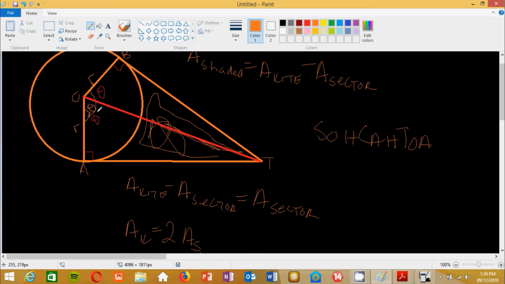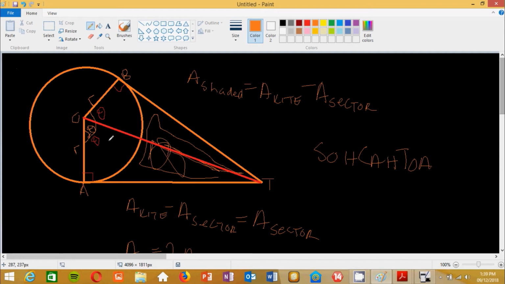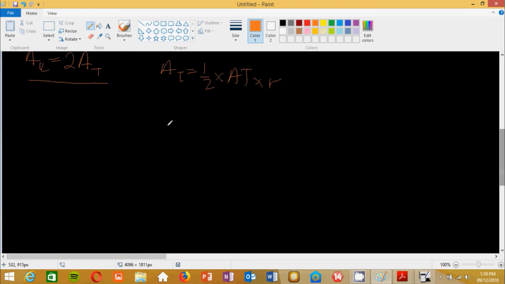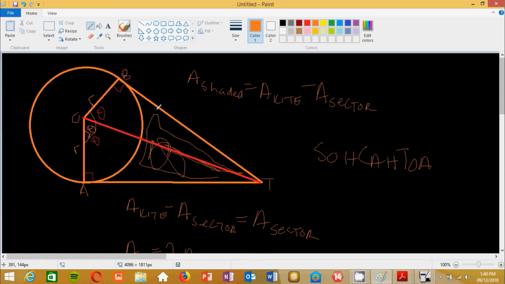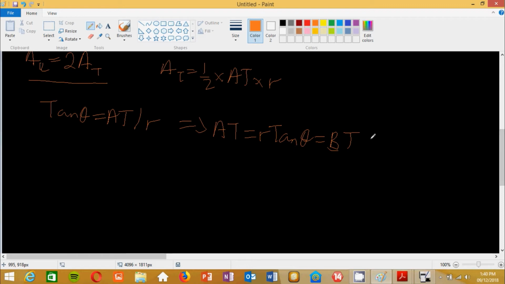So I'm going to look at my angle theta here, and the tangent of that theta is equal to the opposite over the adjacent, which is r. So the tangent of theta is equal to AT over r. Because remember, I deduced that BT is equal to AT, so AT is equal to R times tan theta. This is just simple trigonometry from your GCSE.